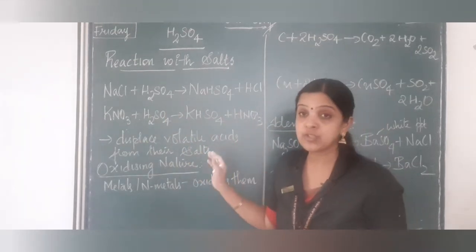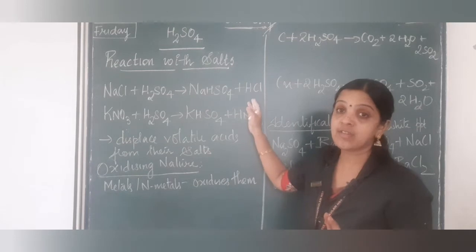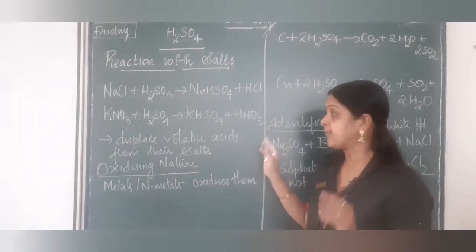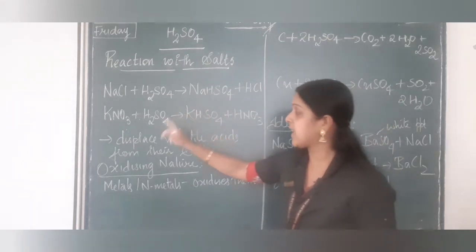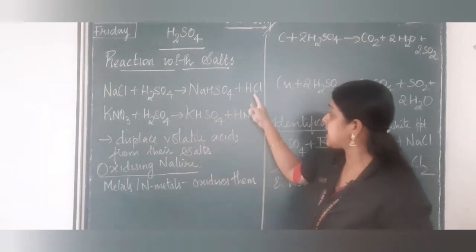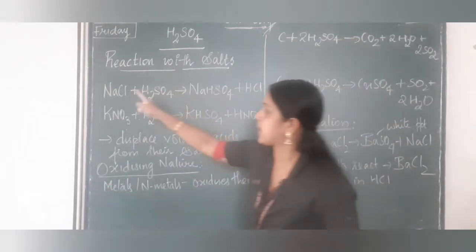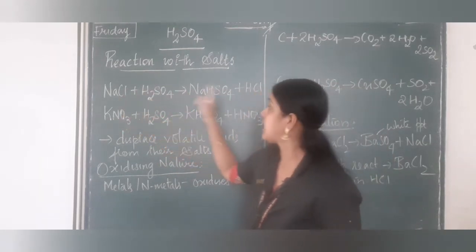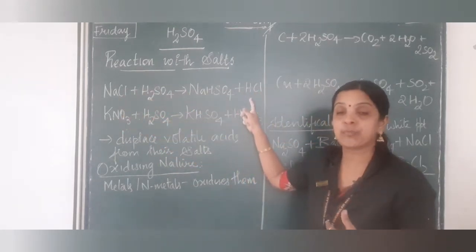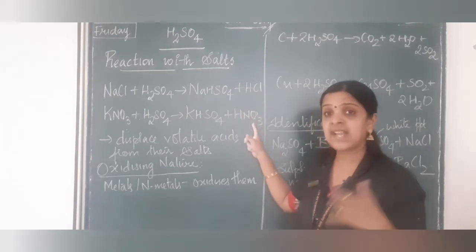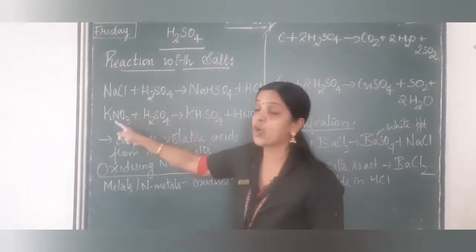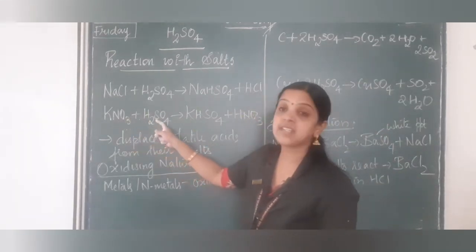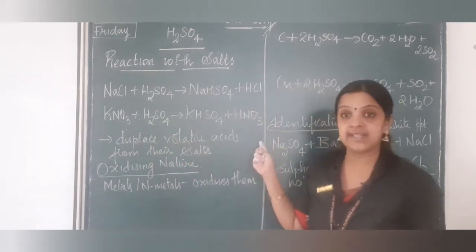That's why it is used for the preparation of hydrochloric acid and nitric acid, which means sulphuric acid can displace these volatile acids from their salts. HCl, the salt is NaCl, HCl is volatile, that's why it is obtained separately. Nitric acid is volatile, its salt is KNO3, it is reacted with H2SO4 to get nitric acid.